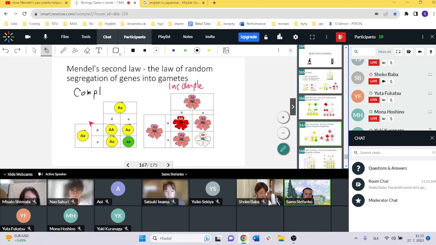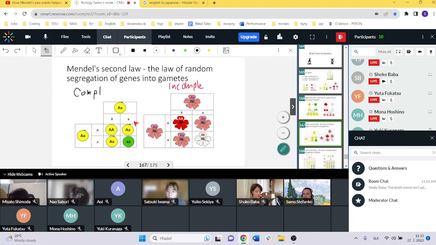Now, when we are crossing two heterozygous, we have two possible alleles: dominant one, recessive one.